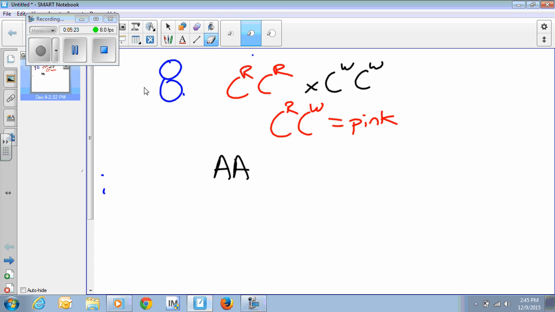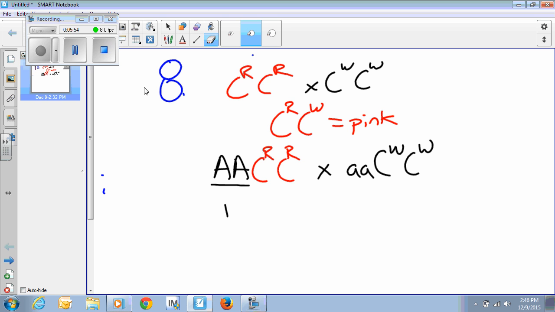Axial red, it's true breeding, and we know that axial is dominant because it says it in the table, and we know that that's going to be true breeding red. And we're crossing it with a terminal white. So it's going to be little a, little a.